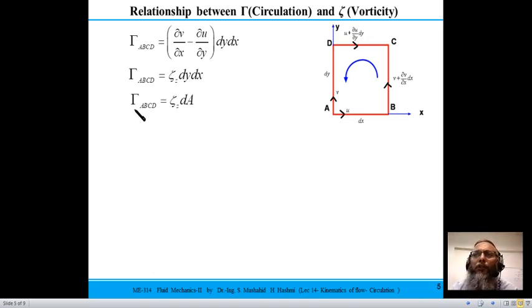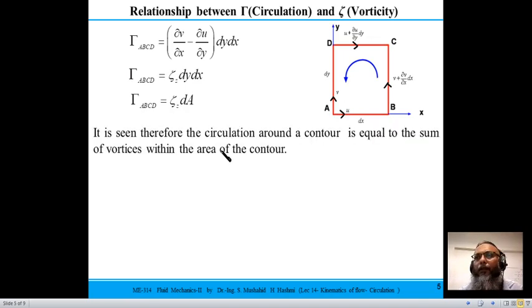So the circulation of a fluid element ABCD, which is a rectangular element, which we have calculated, is nothing but the product of the component of the vorticity vector in the z direction times the area.